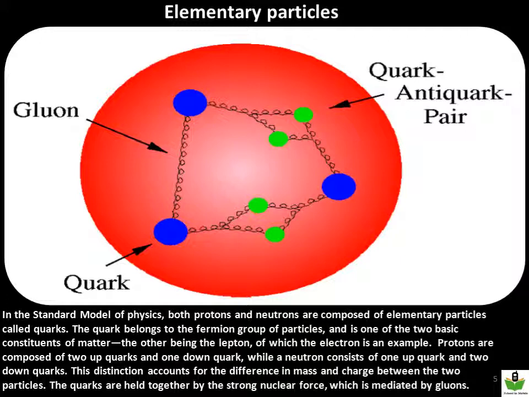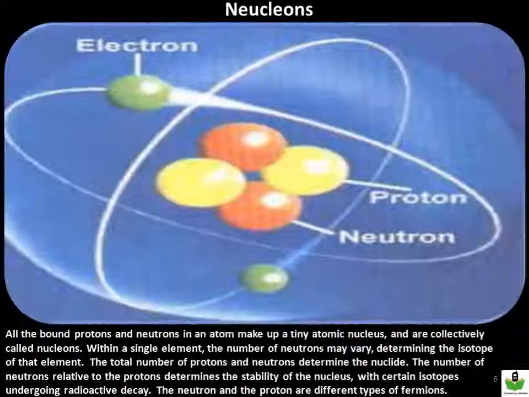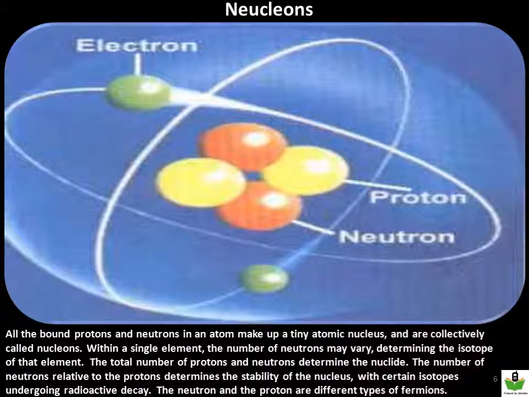The quarks are held together by the strong nuclear force, which is mediated by gluons. Nucleons, all the bound protons and neutrons in an atom, make up a tiny atomic nucleus and are collectively called nucleons. Within a single element, the number of neutrons may vary, determining the isotope of that element.